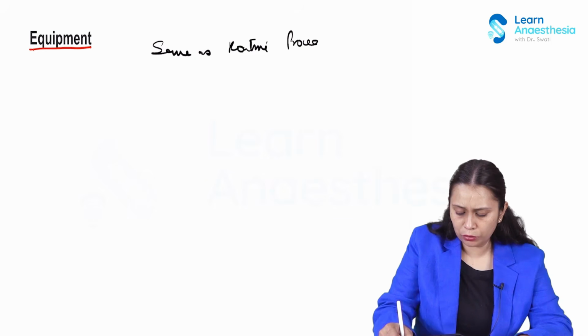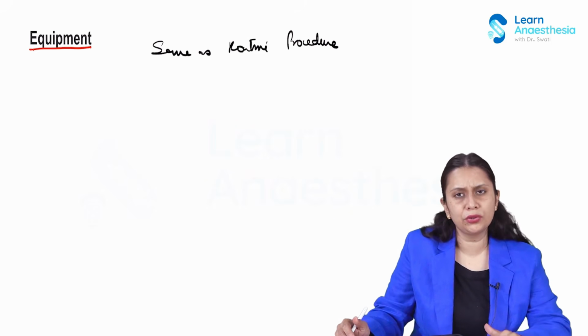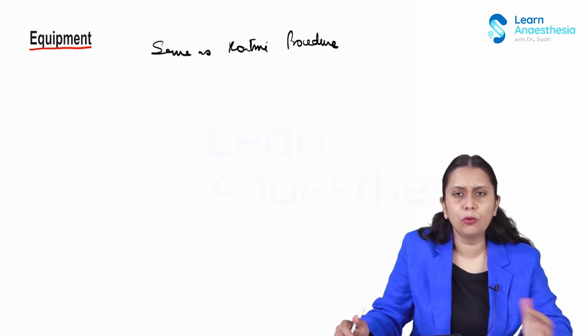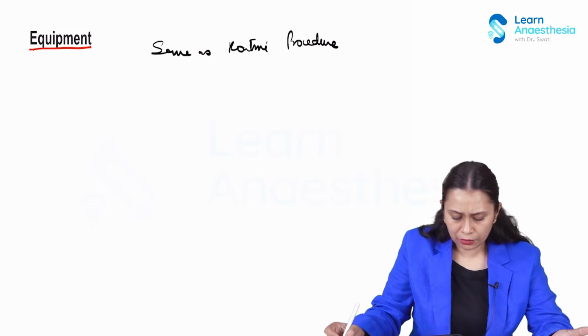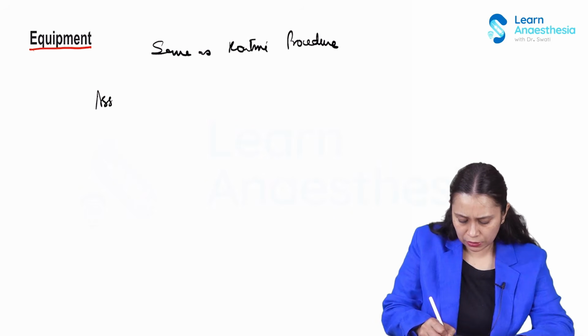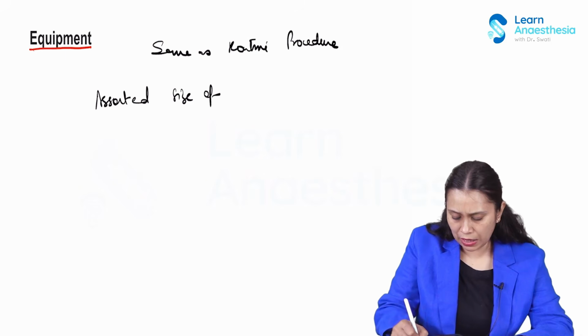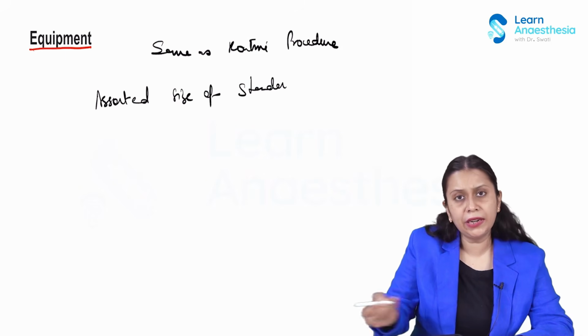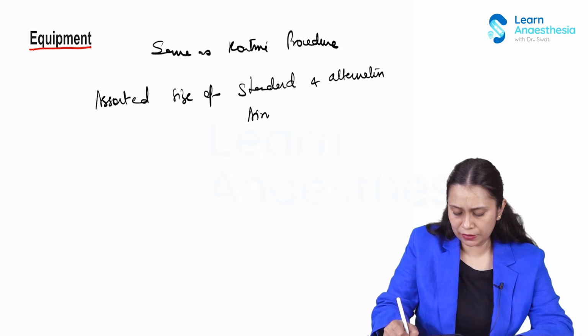Now, what do we keep? We keep assorted sizes of mask, laryngoscope, tube, oropharyngeal airway, nasopharyngeal airway, and standard and alternative airway devices, right?